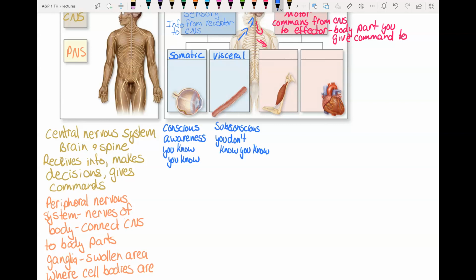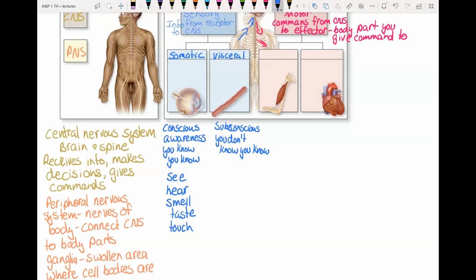For example, the stuff you know would be like seeing. You know what you see. Hearing, you can tell me what you hear. Smell, taste, and touch. Those are all things you are consciously aware of.